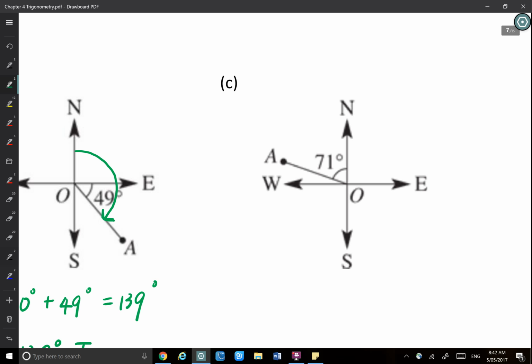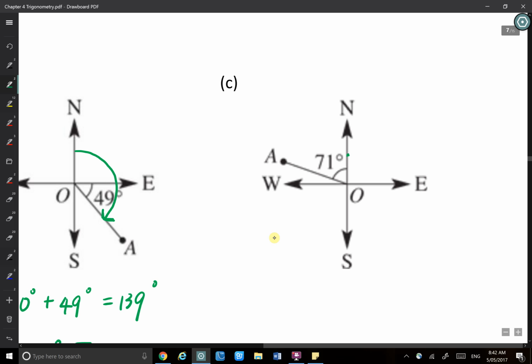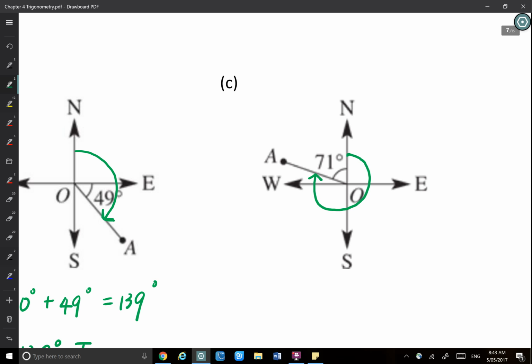If it's from O, it's already drawn for us, and we will talk about the angle from the north clockwise until we meet the line, this big angle here. If it's a full circle, it will be 360 degrees.